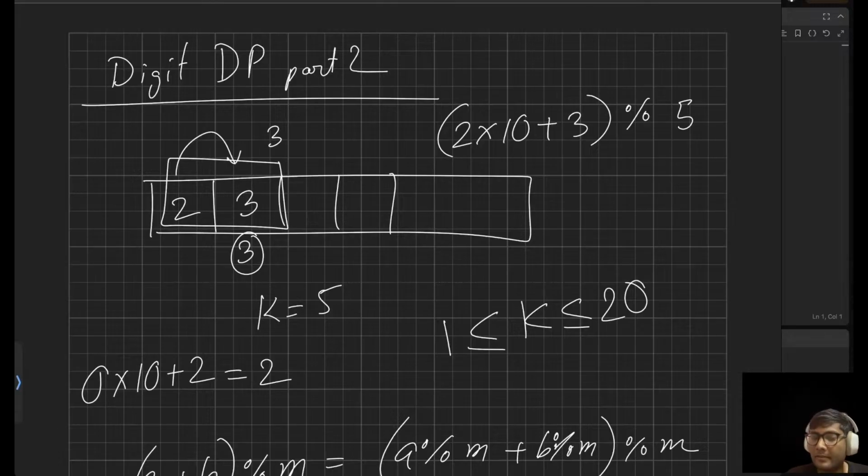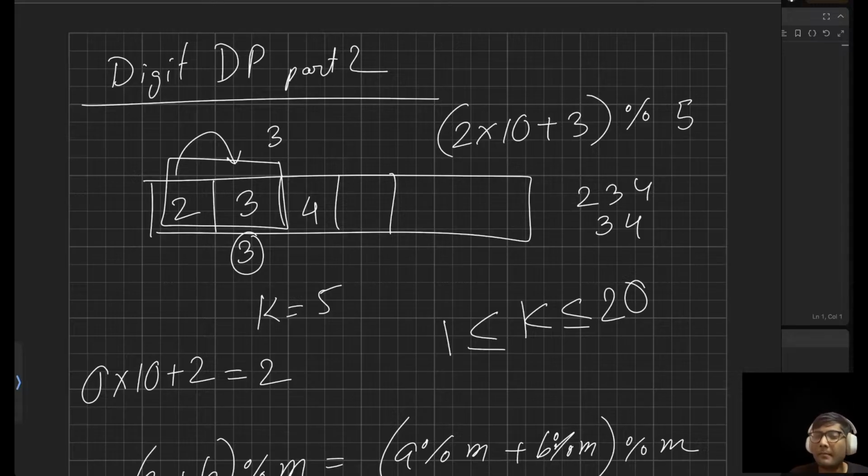Why can we do this? Imagine I put something else like 4 here. Now 2, 3, 4 and 3, 4 with respect to modulo 5 are the same. Of course, both of them give 4.